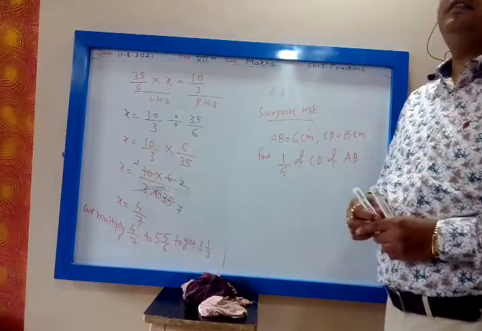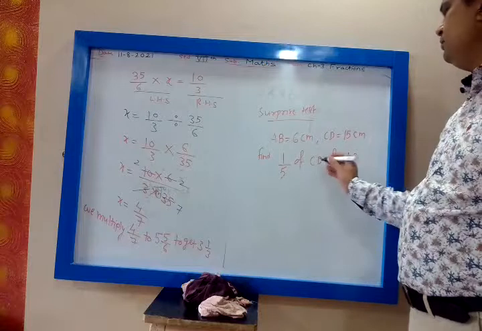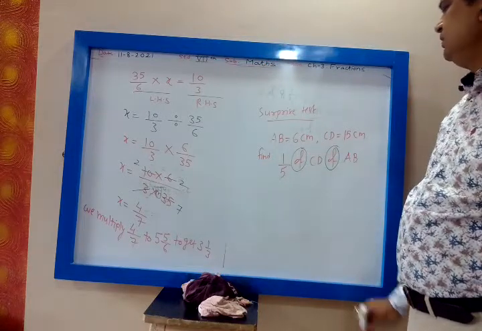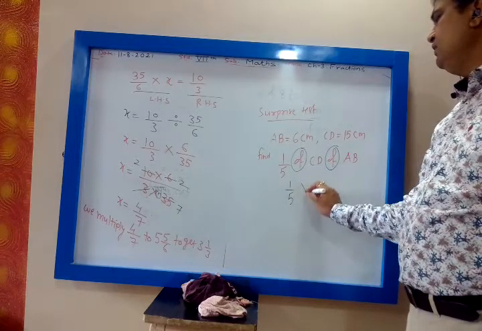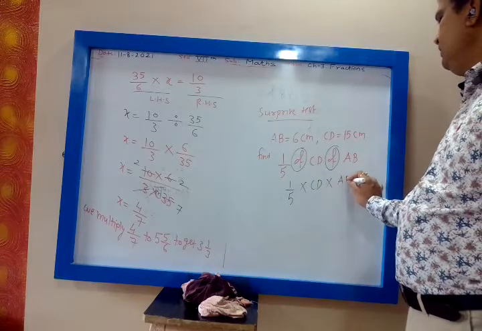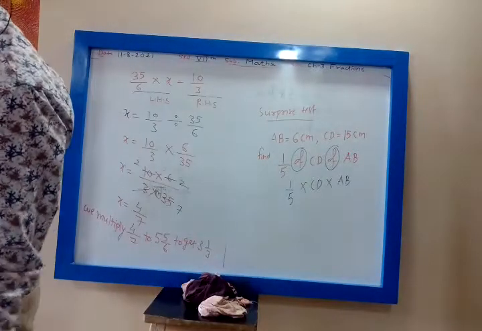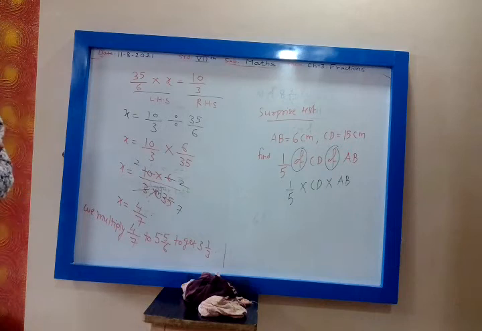What do you mean by of in mathematics? Of means multiply. So that will be 1 by 5 into CD into AB. AB and CD are given. Just simplify and tell me the answer.